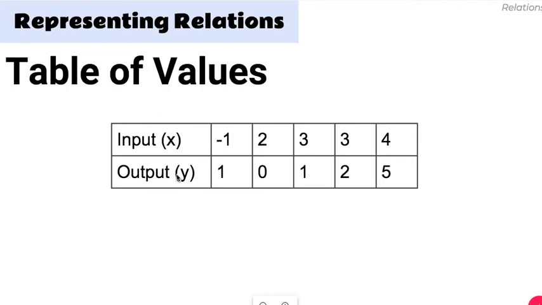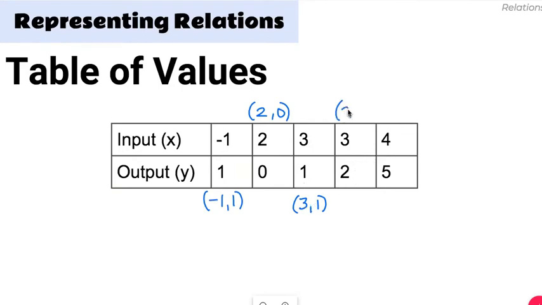So what you could actually do is take the table and create ordered pairs. I don't know how much room you have. You may have to kind of shuffle the order here. But take a second and look at this table and see how I can make the input and the output, or the X and the Y, into an ordered pair.